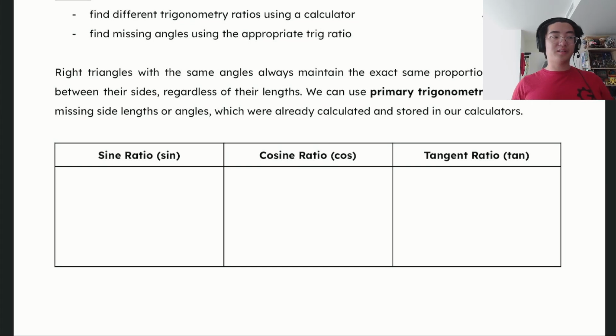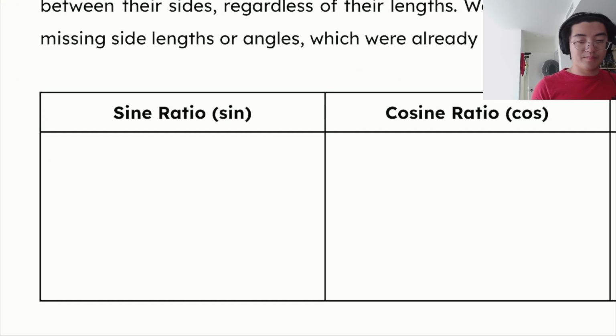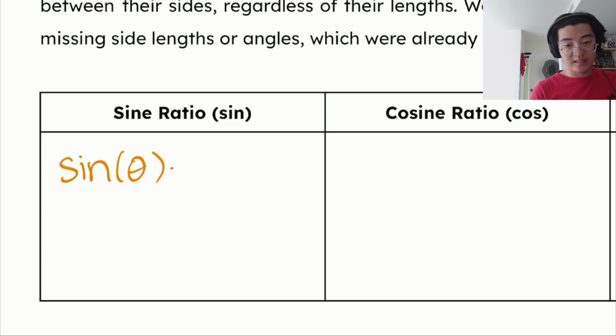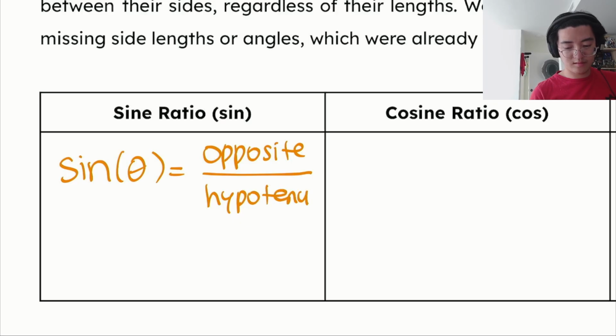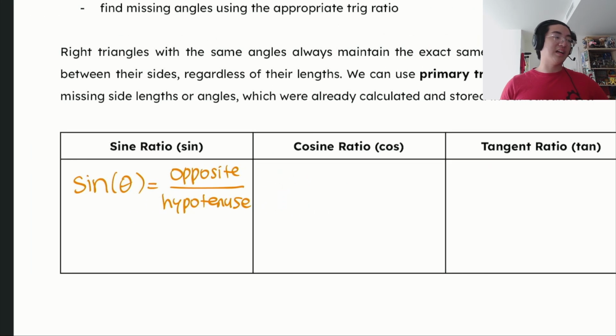Okay, so here are the three ratios. First is the sine ratio, abbreviated SIN. Sine of a given angle is the opposite over the hypotenuse. So that's why it's important for us to figure out the opposite, the hypotenuse, and the adjacent.